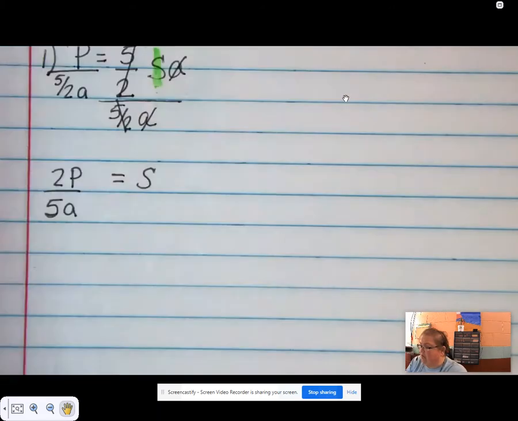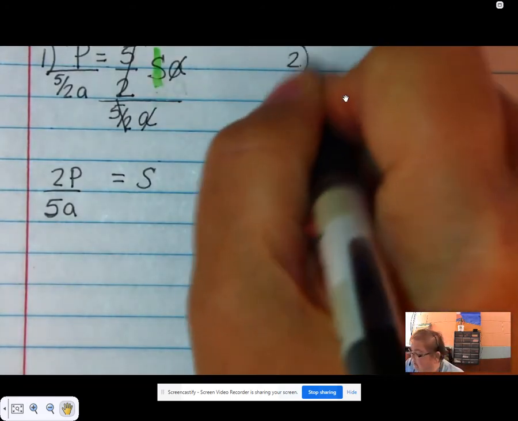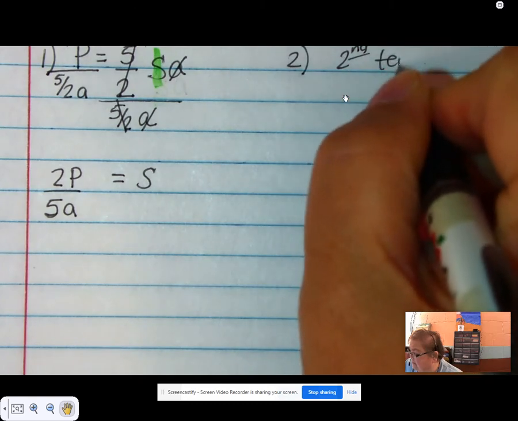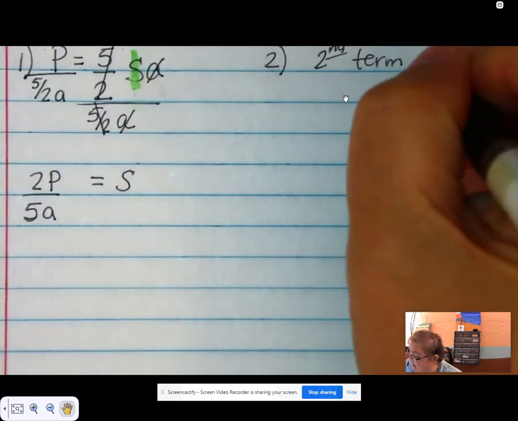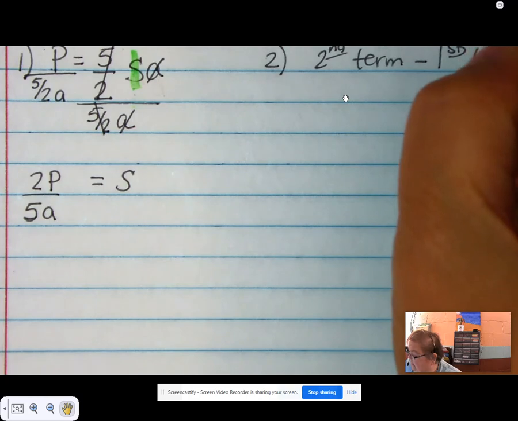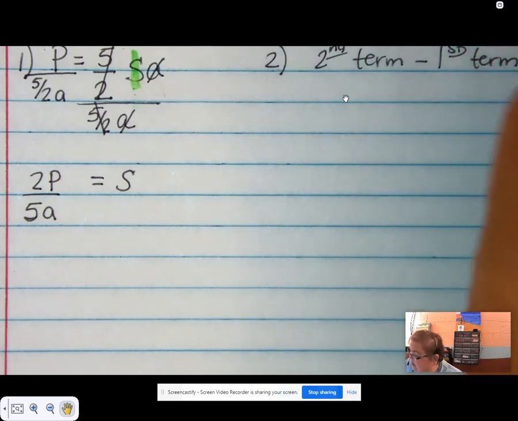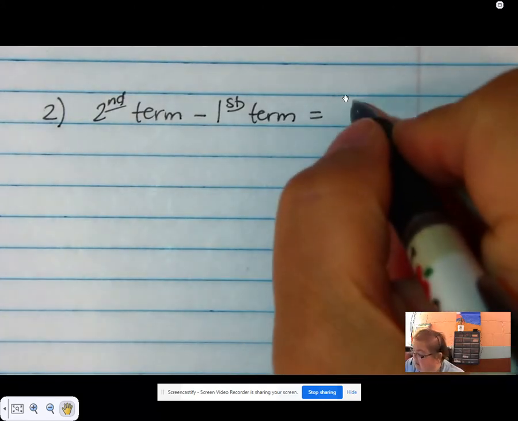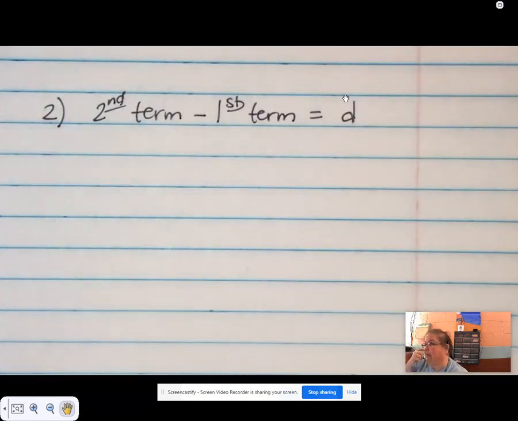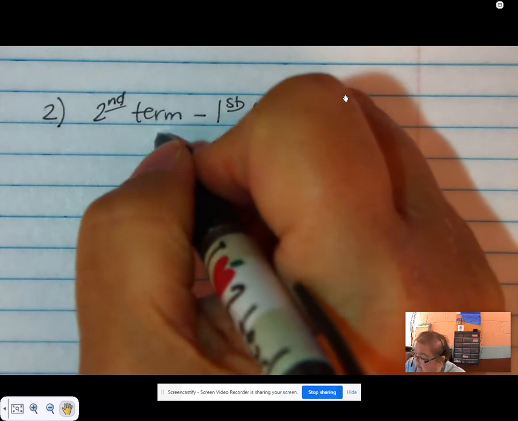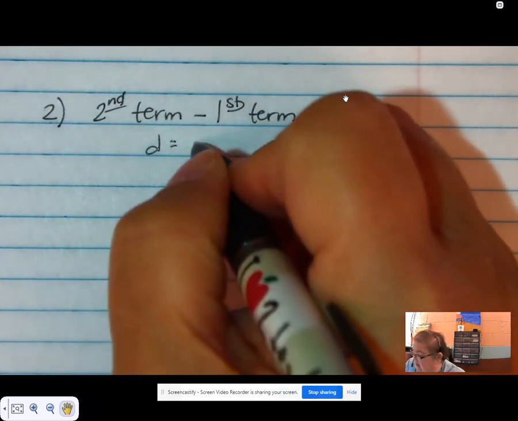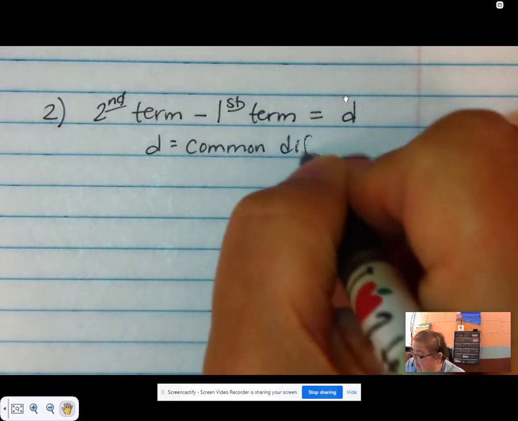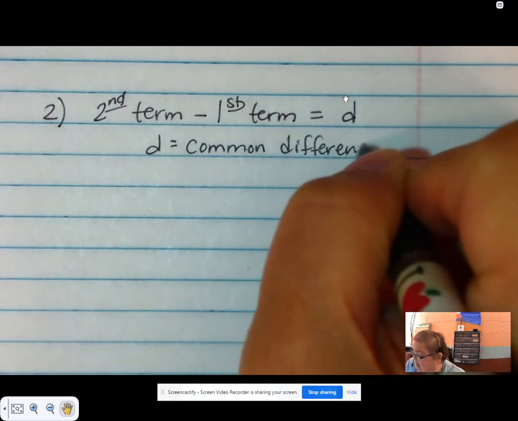Okay? So, your note for number 2 is second term minus the first term equals my little d. And remember, little d is the common difference.